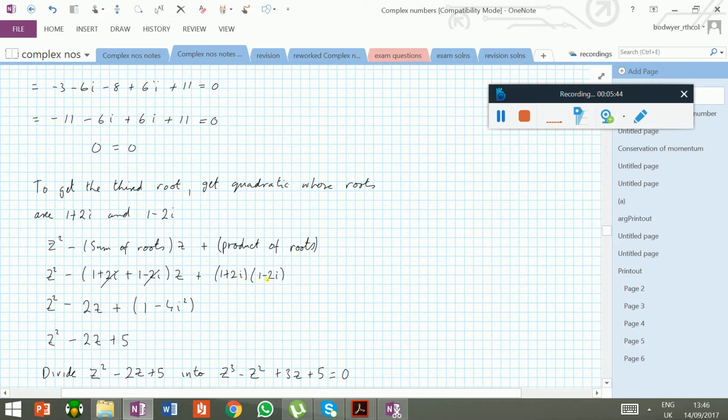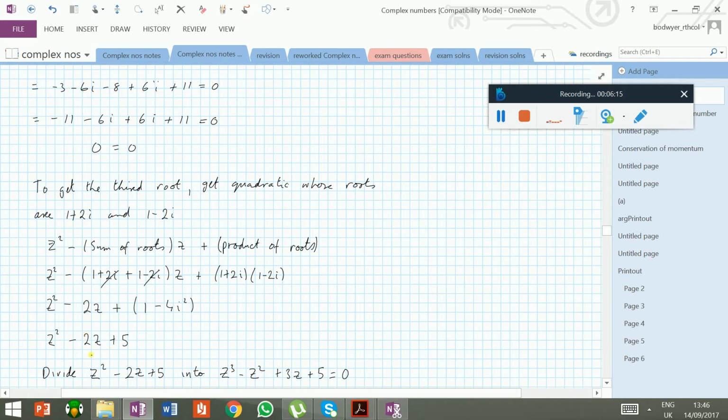And then the product of the roots when multiplied together is (1 minus 2i)(1 plus 2i), so it's like x squared minus y squared, so 1 squared minus (2i) squared, which is minus 4i squared, and that is a minus 1 times minus 4 is a plus 4, plus 1 is a 5. Now we have the expression, which is the quadratic, of which 1 plus or minus 2i are the roots.